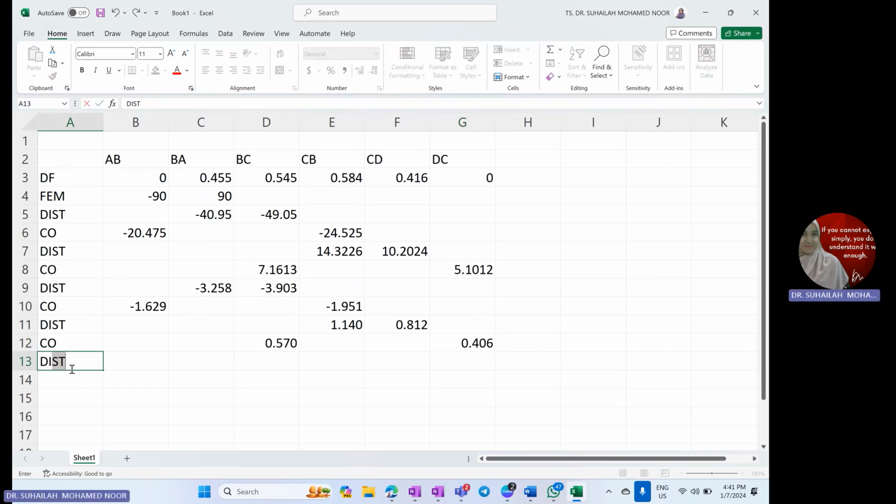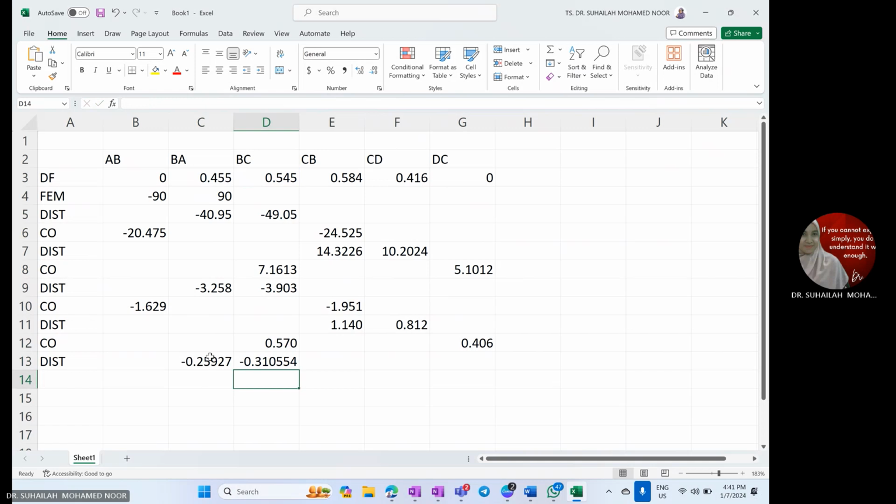Next is distribution. We have to distribute the joint moment at B, negative for the opposite condition, times the factor. Another one. Okay, no more.